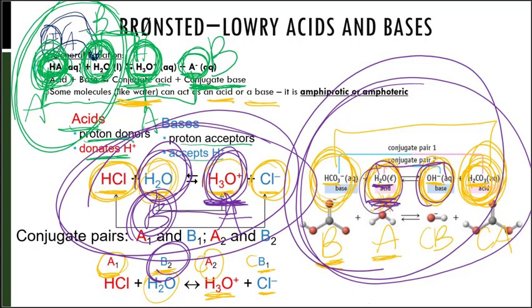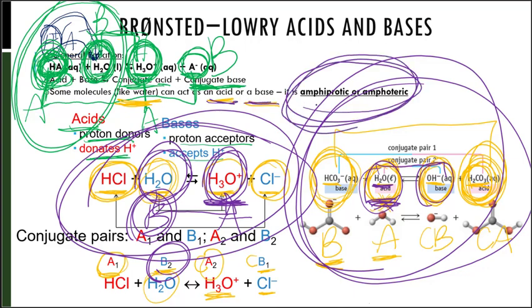If a species or a molecule can act as either an acid or a base, it's called amphiprotic, either or. That just means it can be an acid or a base. So we need to look at its pair on the other side to see how it is labeled. Or you can look at the other reactant that it's next to, and if that is a base, then the water has got to be the acid.